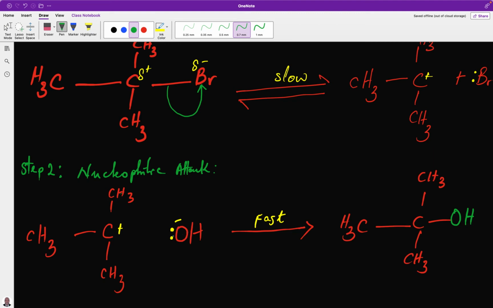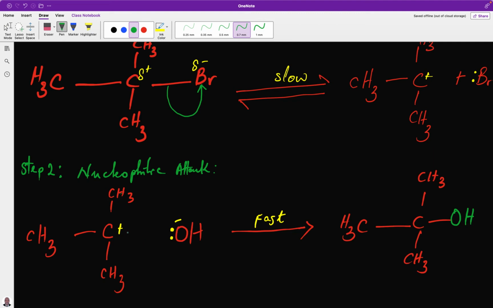thereby donating the lone pair of electrons to the positive carbon. As it is donating the lone pair of electrons to the positive carbon, it is now forming a new covalent bond between carbon and oxygen here.